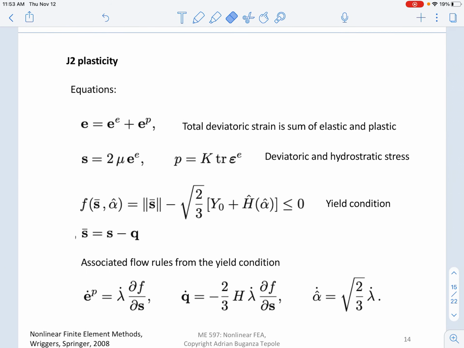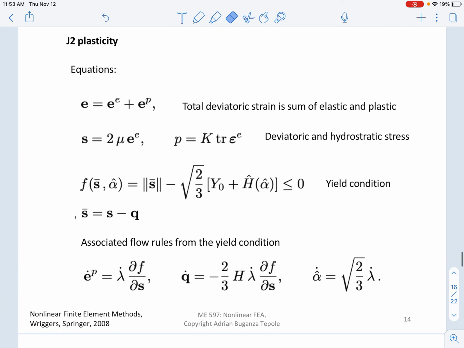For J2 plasticity, where you have the associative flow rule, the equations that describe this are, again, some linear decomposition of the strains, the deviatoric strains into an elastic part and a plastic part, a deviatoric stress which depends on the elastic deviatoric strains, and a pressure, a hydrostatic stress which depends on the trace of the total elastic strains, not just the deviatoric part.